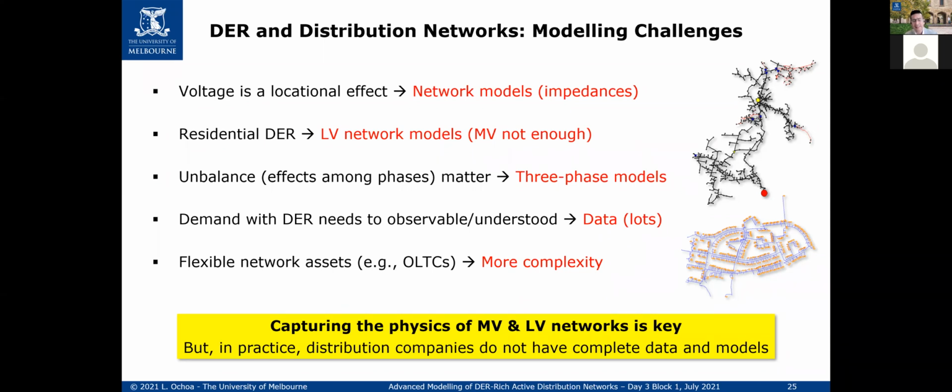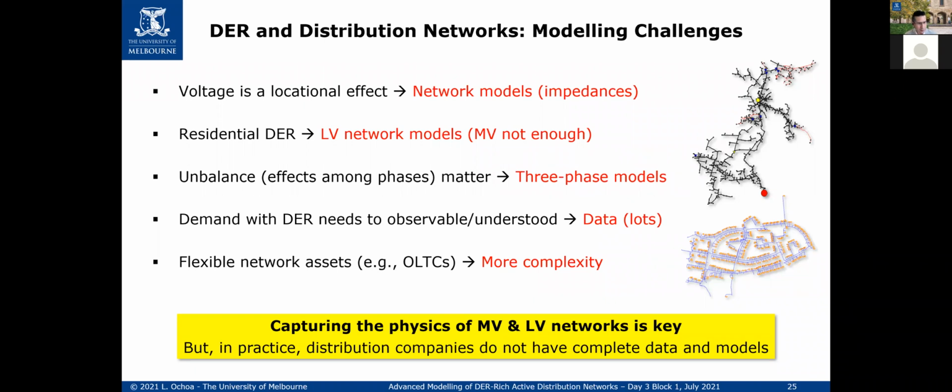When we talk about residential distributed resources, you need to model the part of the network connected to it. So we need to model the low voltage part as well. The medium voltage is not enough. Aggregating things to the transformer is just not good enough. Unbalance matters, all right? The effects of one phase on the other can be significant, and therefore we need to capture that.